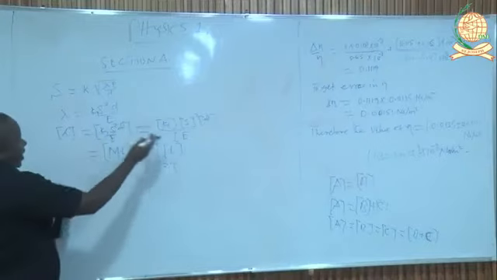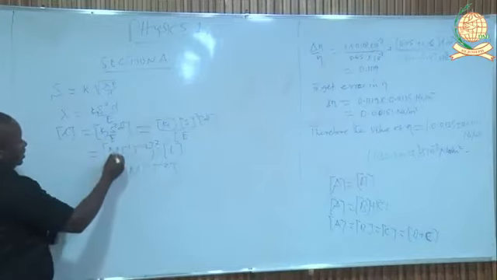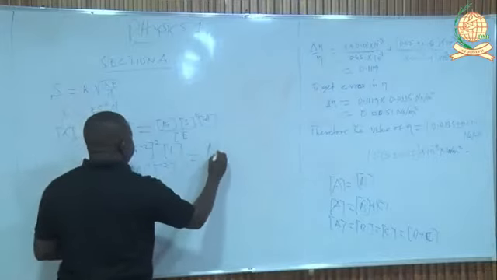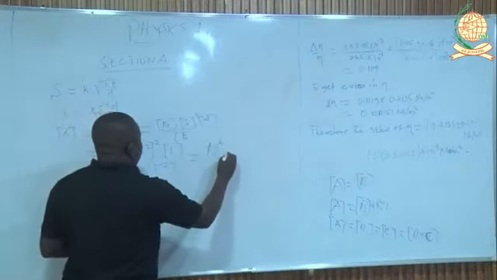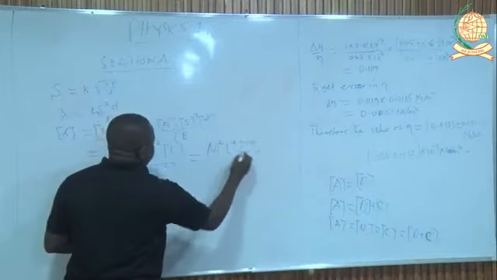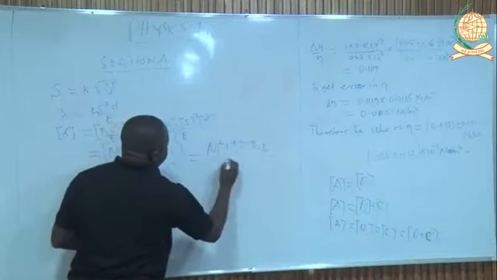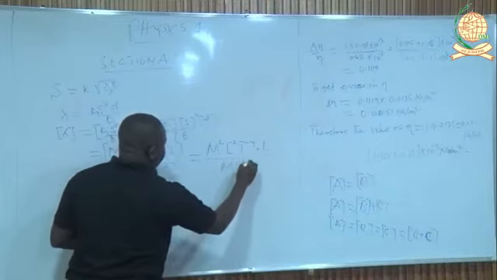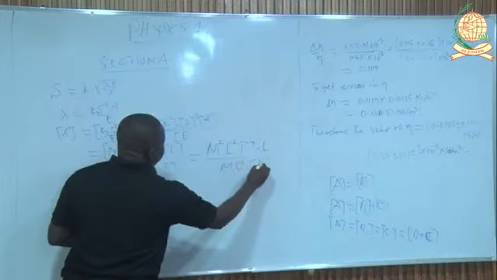On simplifying this one, one of the M will cancel, because this will be M squared L negative 2 T negative 4 times L over M L negative 1 T negative 2.